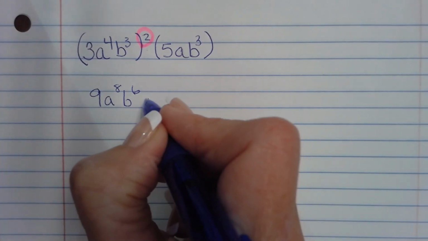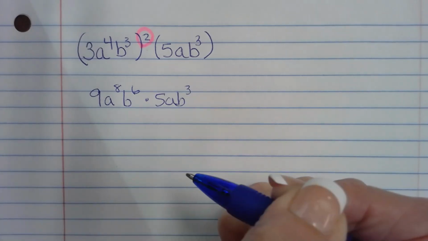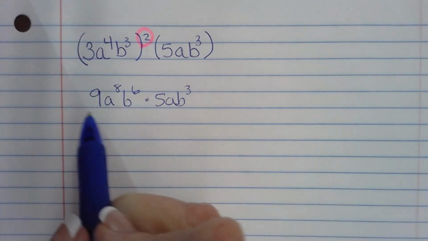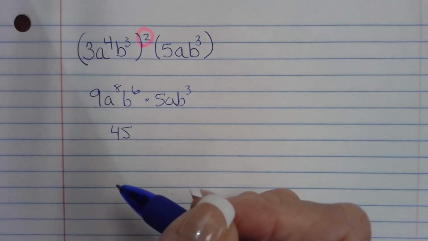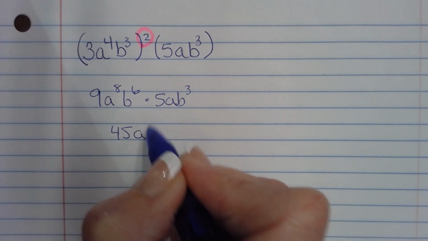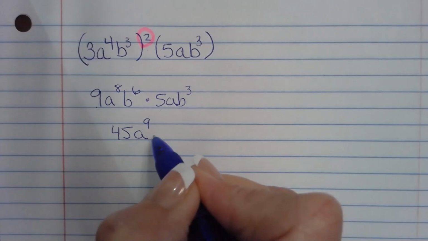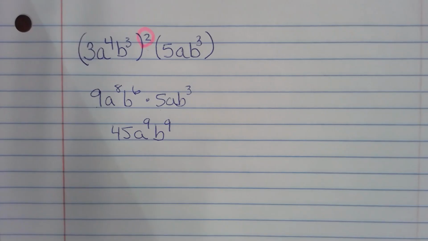Okay, now we're going to bring down the little monomial that we didn't mess with. Now we are multiplying coefficients, so that gives me a 45, and we are adding powers. So on the A, that would be to the 9th power, and on the B, that would be to the 9th power. How many people got that right?